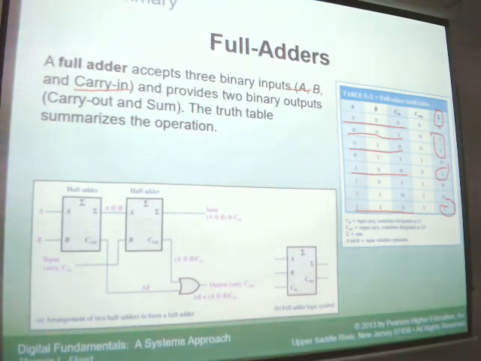So how many groups are on this Karnaugh map? 4 groups.